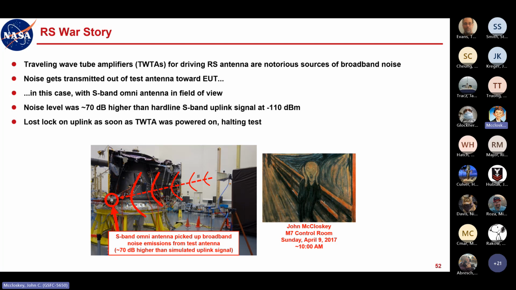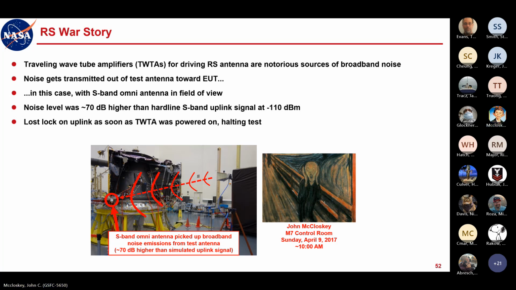And it's probably dwarfing out the uplink signal. The uplink was provided as a hardline signal, so we had direct control over what that level was. But the antennas were open to space and still receiving whatever they could pick up from the RF environment, and carrying that energy to the receiver input.